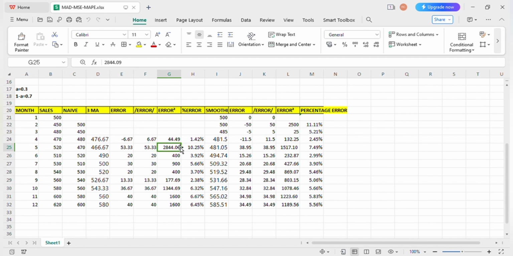That's the principle of how we calculate the error squared. We only multiply the absolute error by itself in order to get the error squared.